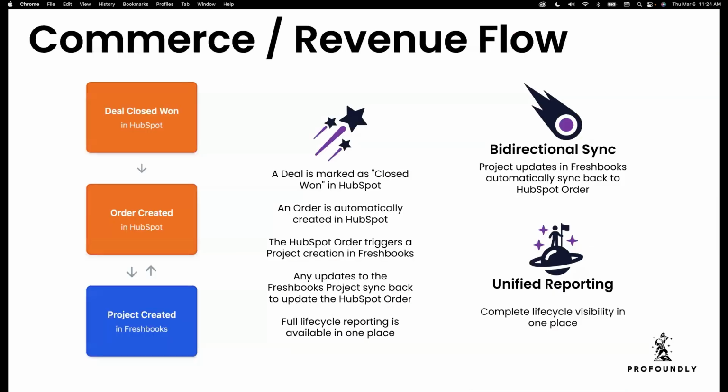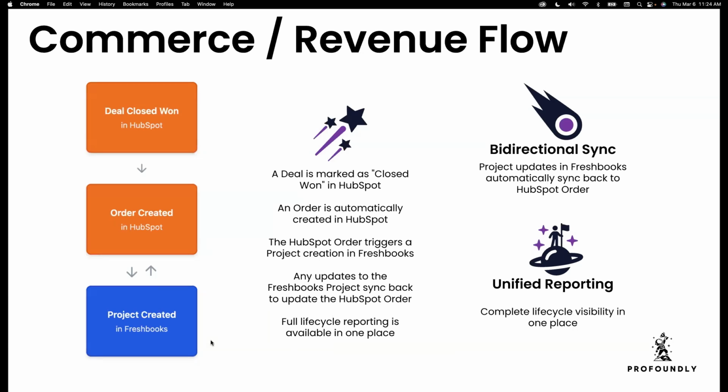In terms of architecture, how we actually set this thing up, we have a flow where, as we're managing our deals inside of HubSpot, they go into a closed-won state, which kicks off a simple workflow and creates an order inside of HubSpot. When the order is created, it creates and links to a project inside of FreshBooks.